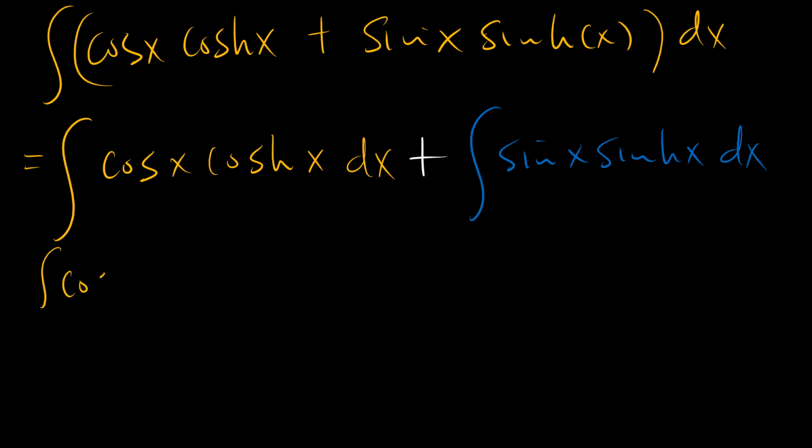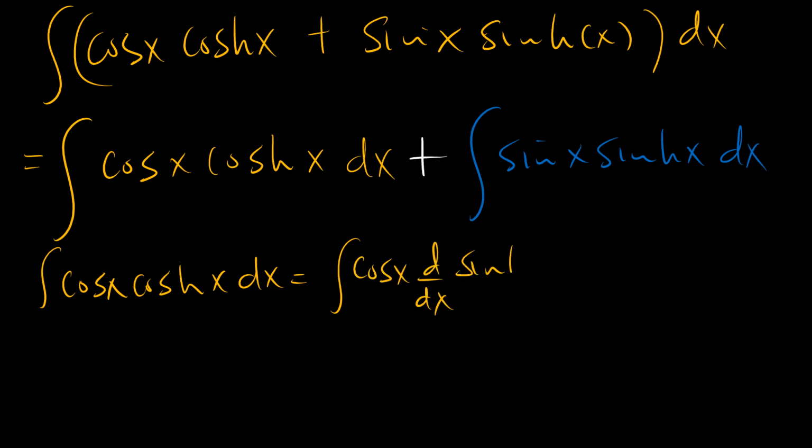So we have cosine of x times cosh of x, which is the same as cosine of x times the derivative of the hyperbolic sine of x.